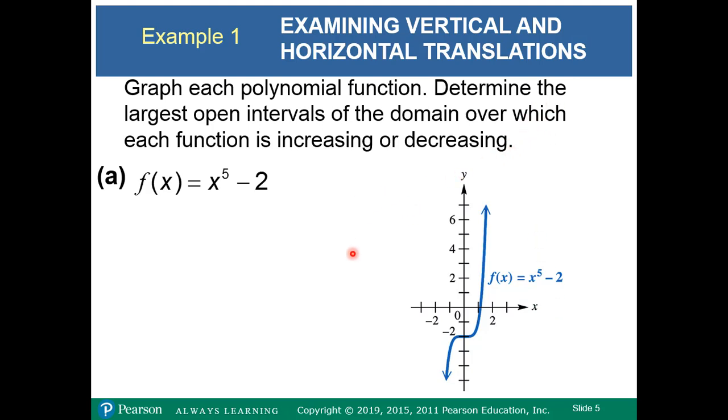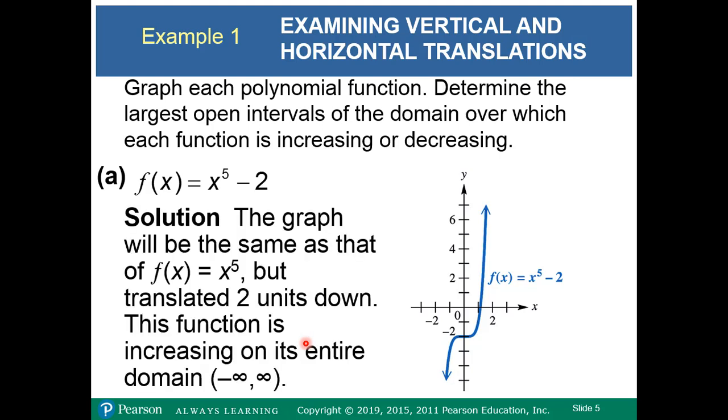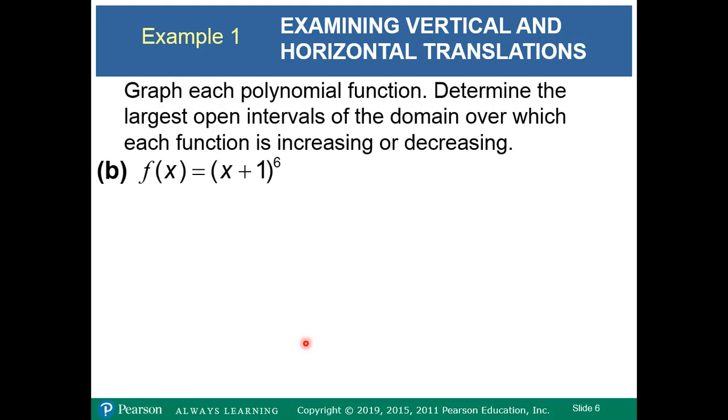So in this case, it's increasing everywhere on the number line. So this would go from negative infinity to infinity, that it's increasing, which means it's decreasing nowhere. Okay, so it's increasing on the entire domain, which is all real numbers.